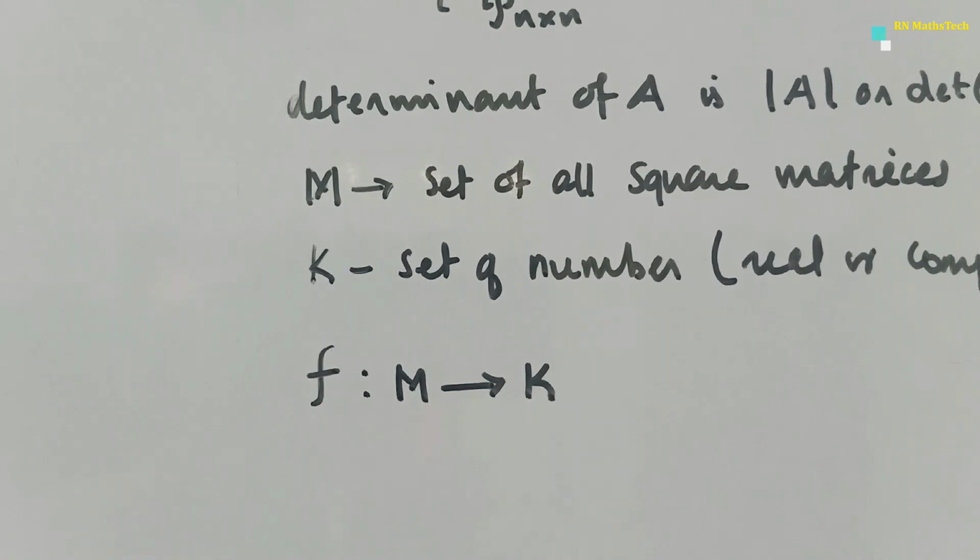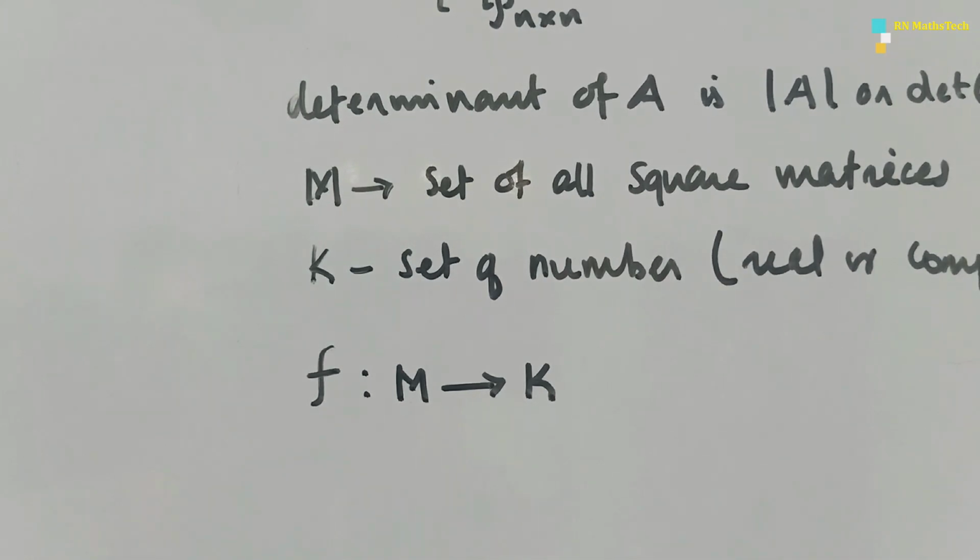That is called the determinant of the square matrix. Now, how will you find the value of a determinant, which is associated to each square matrix?